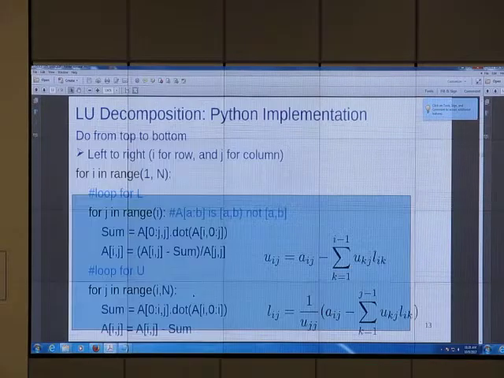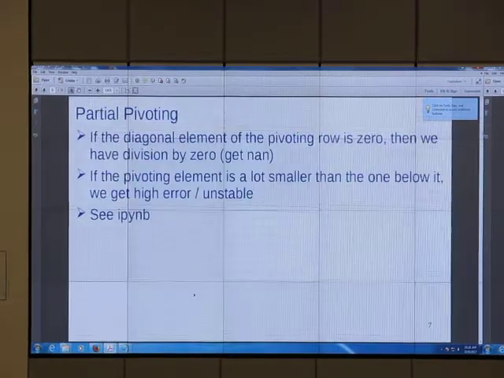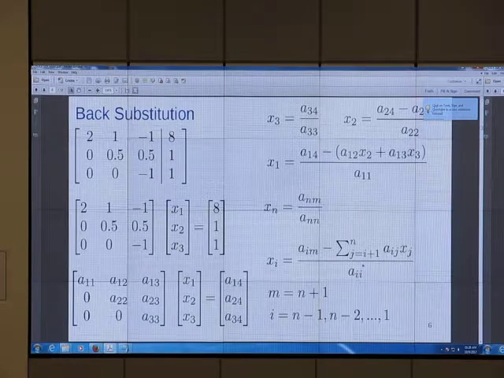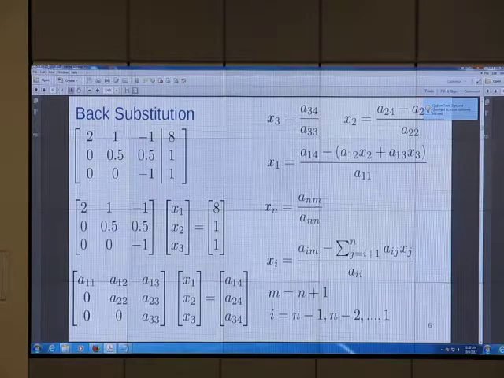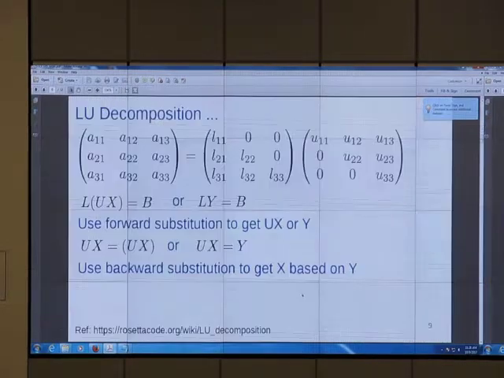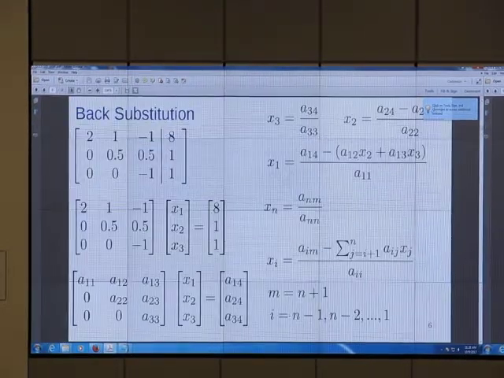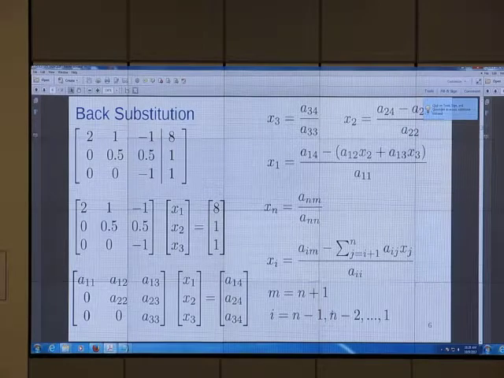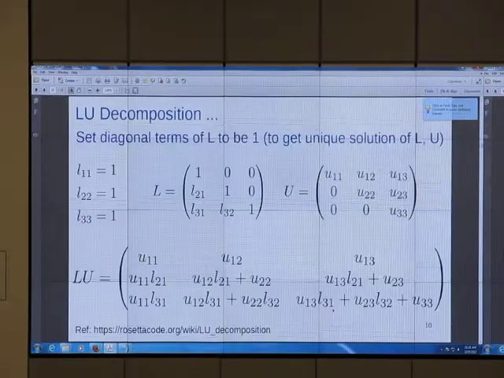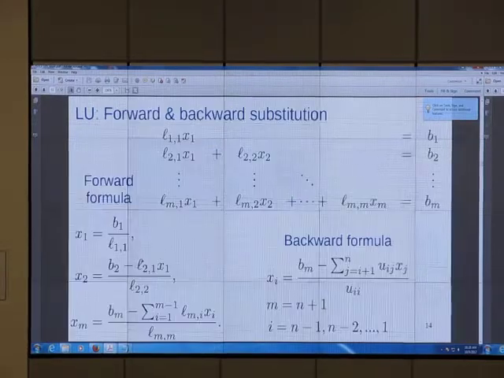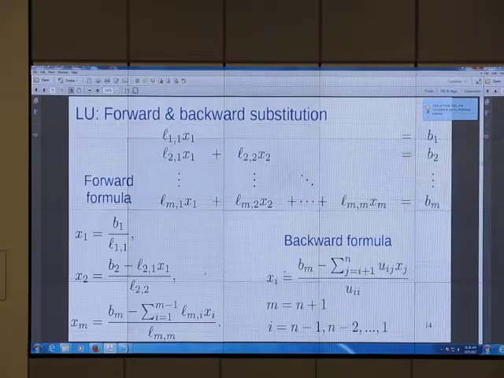Previously, for backward substitution, the general form is we do from I equal to n minus 1, n minus 2 until I equal to 1. This is backward, right? So we start from the back when we do backward substitution. This time the general formulas are the same, but we just do forward.